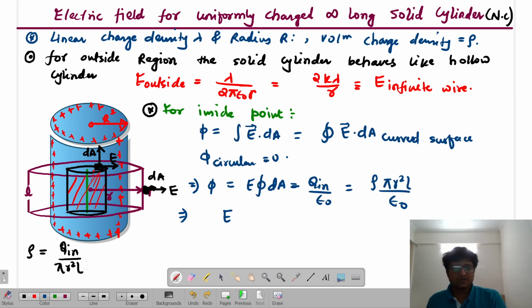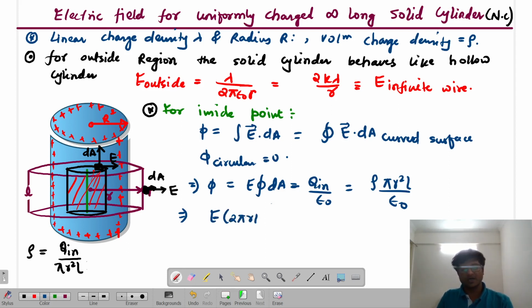I must not consider the whole surface. I'll write it as a note at the end that when you apply Gauss law, it must be for the Gaussian surface.